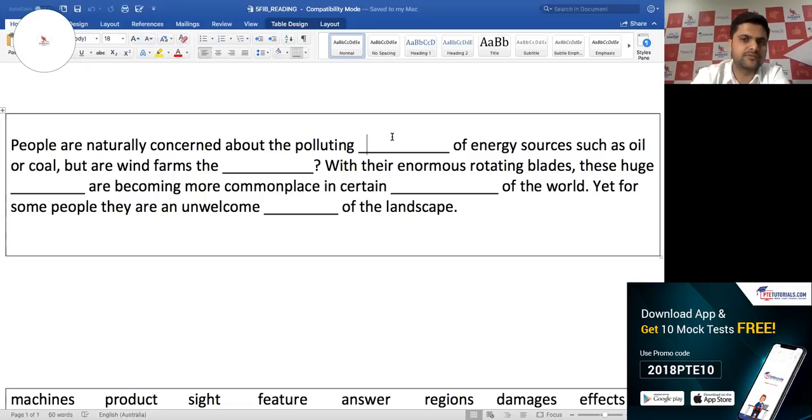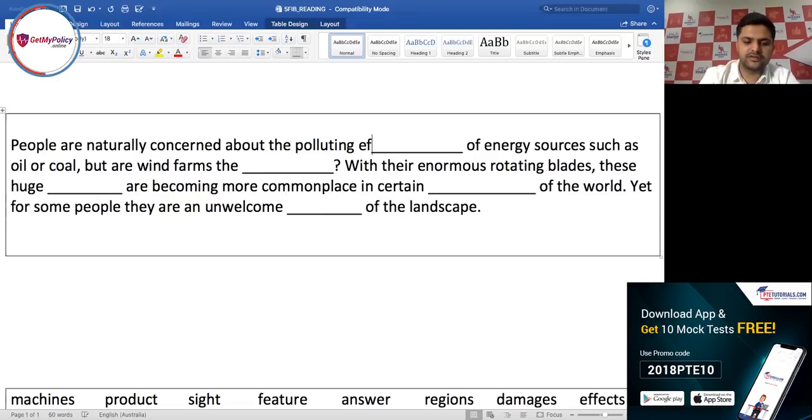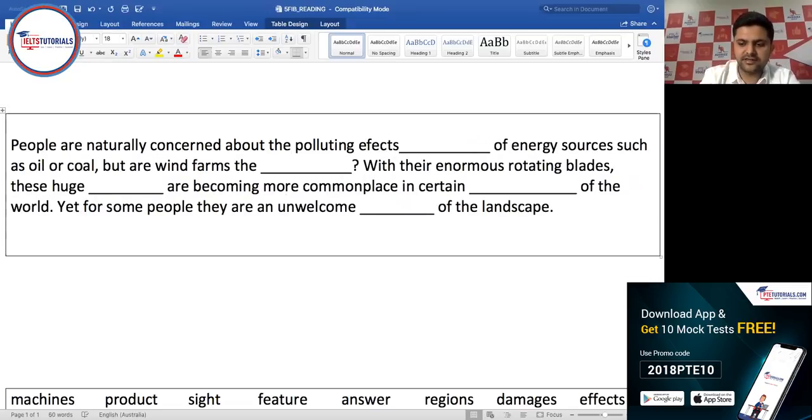When you just put these two words, you get a clear idea that polluting effects would be a word that would create meaning in this entire thing, because the other part we are talking about wind farms, which do not have a polluting effect. So in the first part we are talking about sources that have polluting effects. So here the answer would be polluting effects, right?